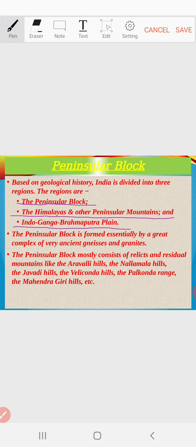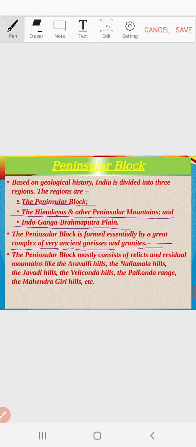Hopefully, the formation is clear, because we had Gondwanaland, and Gondwanaland is only the peninsular block when it got attached with Asia, and it is formed from 2 igneous rocks, gneiss and granite, a great complex of various types of igneous rocks, basically gneiss and granites.